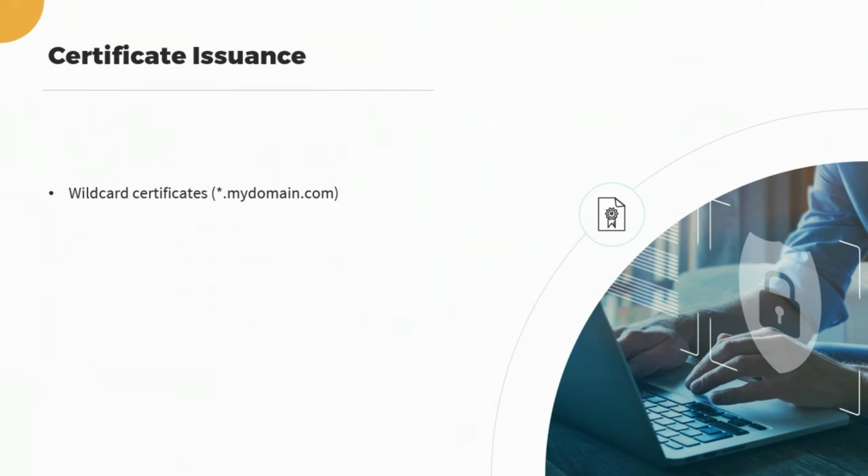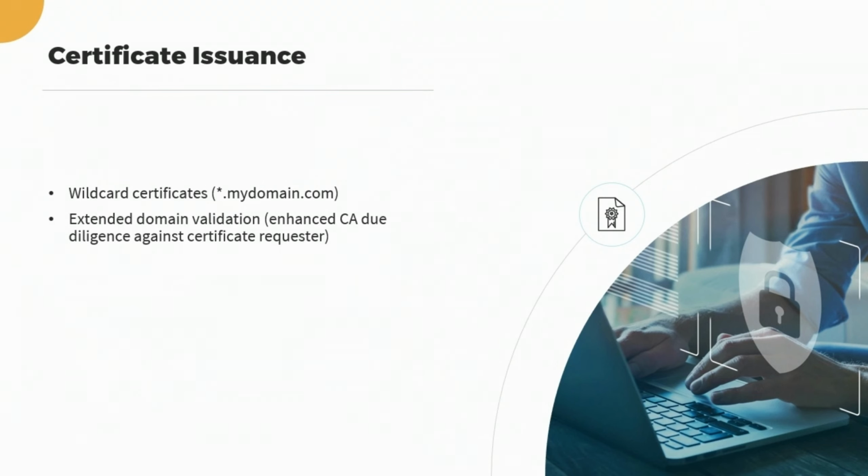Then there's this notion of an extended domain validation certificate. This means that the certification authority must do their due diligence, or do extra checks, to ensure the legitimacy of the certificate request, such as verifying the registered corporation and so on.